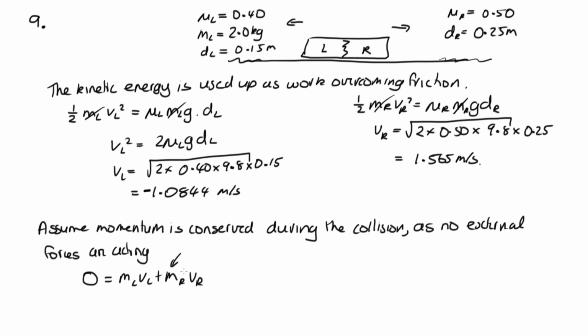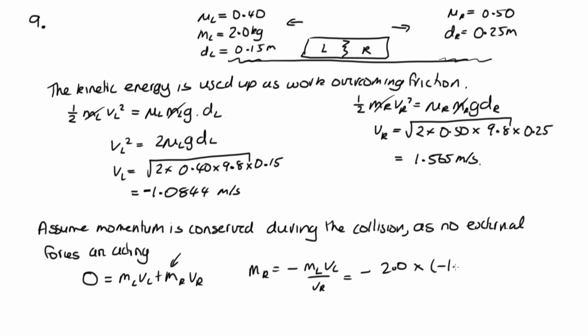So let's rearrange it to make mr the subject. So we've got mr is equal to minus mlvl over vr. And these are things that we can substitute in. So we've got minus ml, which we were given, it's 2 kilograms, times VL, which we've calculated here.